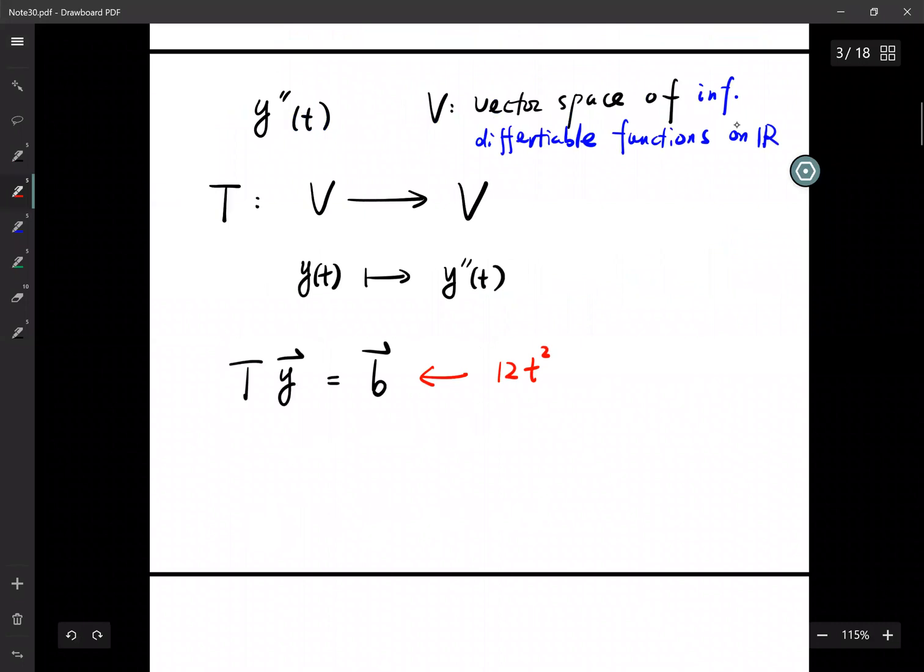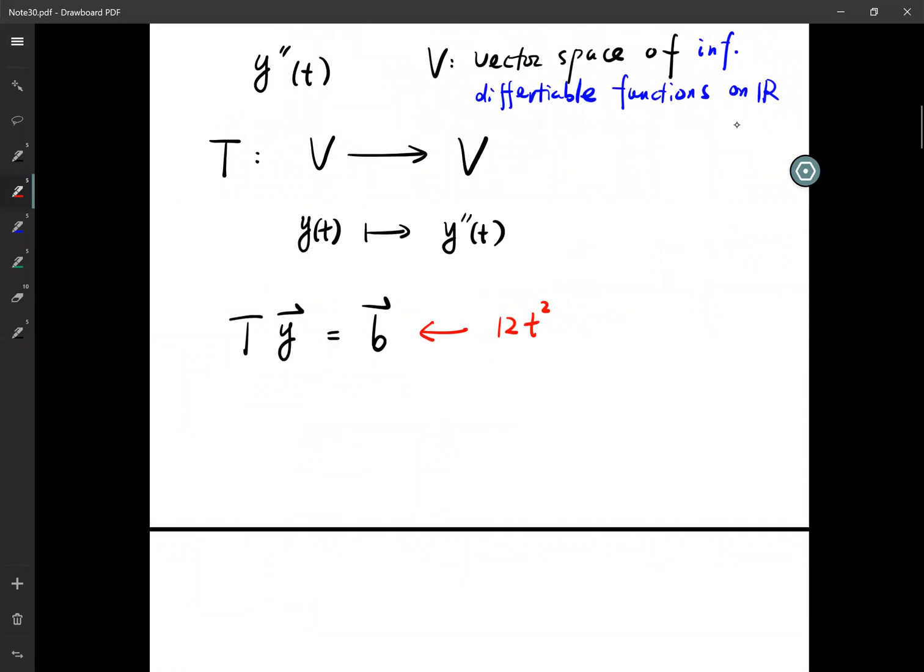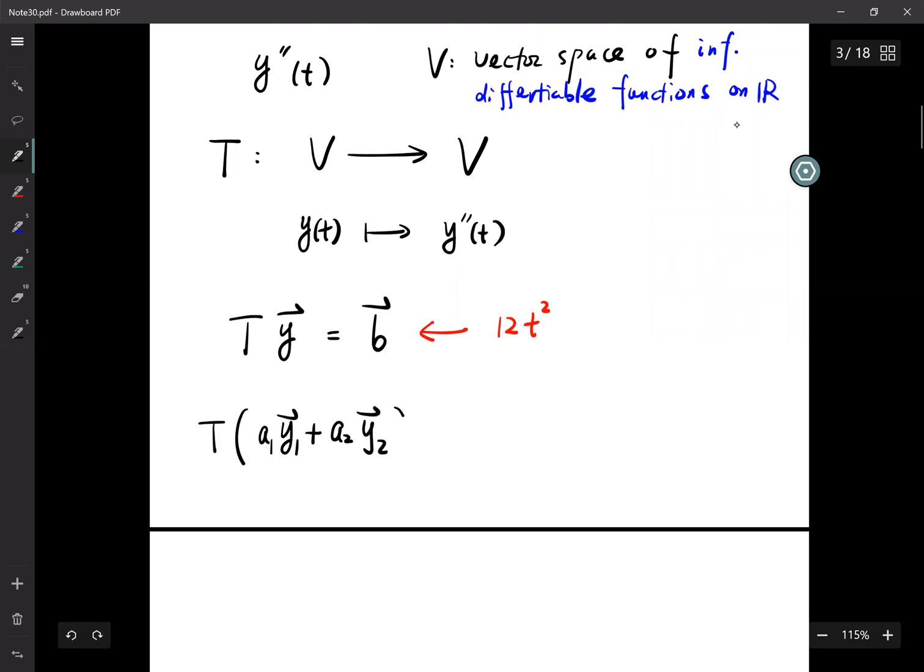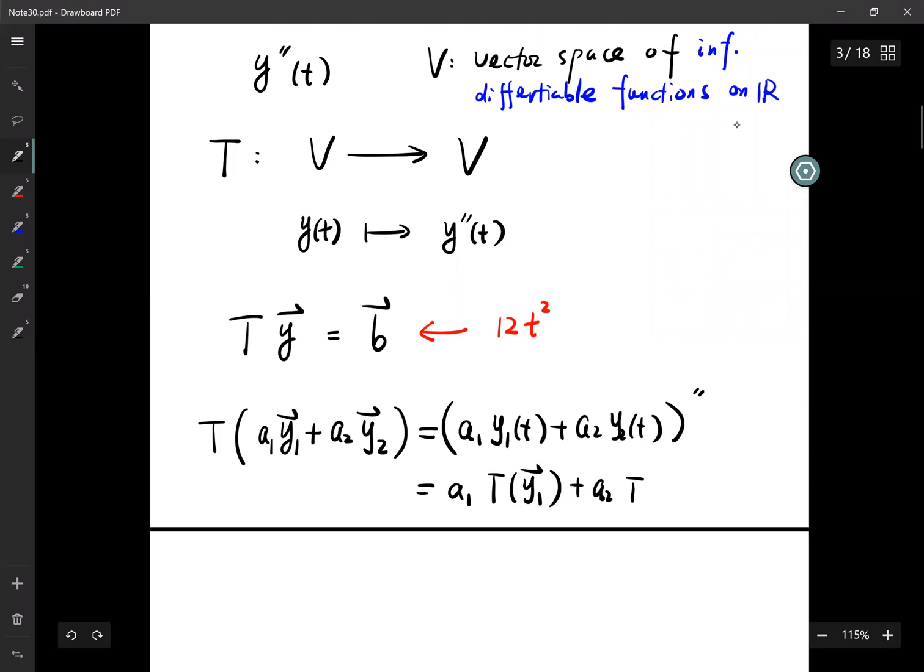Very good. So let's recall, in this little bit more abstract language, what were we doing? First of all, we want to make sure that T is still linear. You give me any two functions, let's call them y1 and y2. This is doing (a1 y1(t) plus a2 y2(t)) double prime, so this is a1 T(y1) plus a2 T(y2).